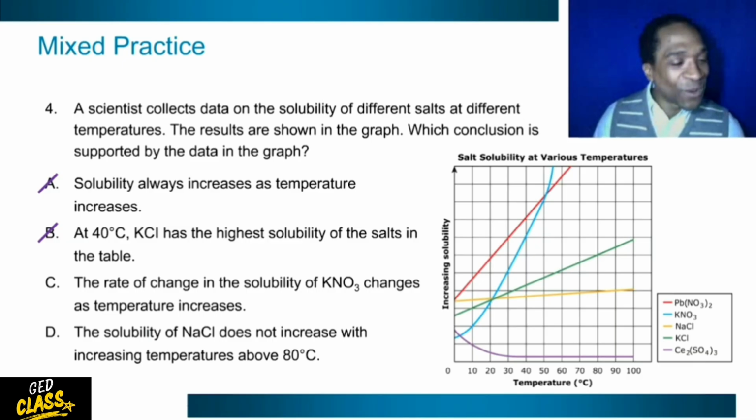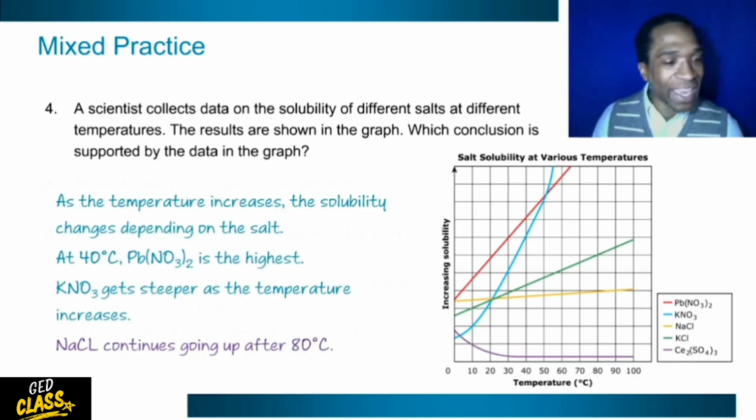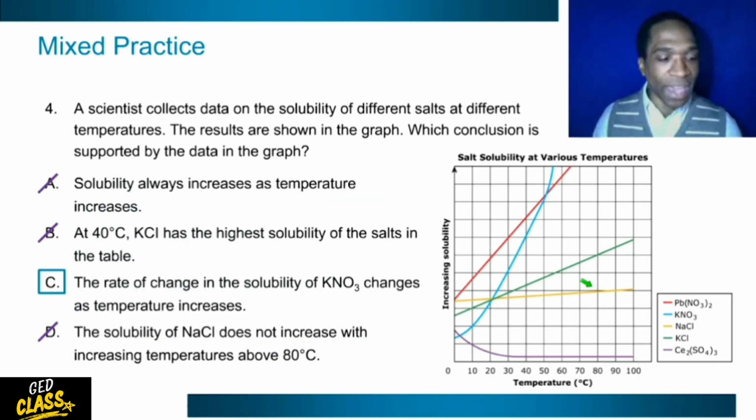Well, no, that's not the case. That line continues to go up after 80 degrees Celsius. We can see that. So remember, we're dealing here with the yellow line. Here's 80 degrees Celsius. It continues to go up slightly to the right after that point. So we found why D is incorrect, leaving C absolutely as the correct answer.